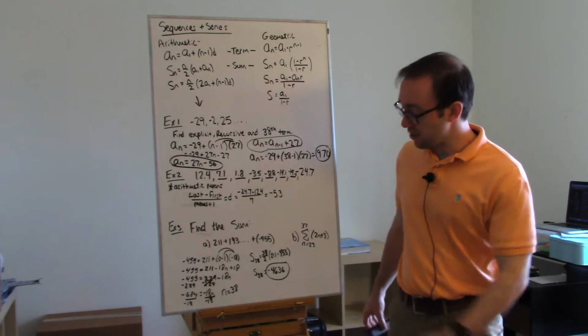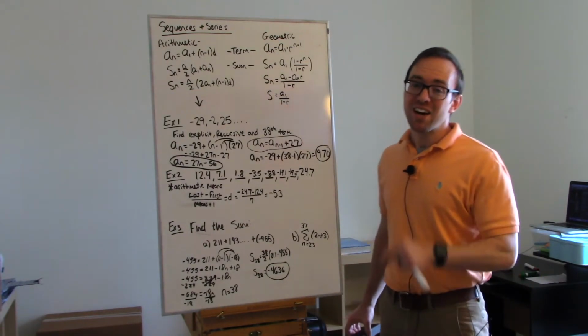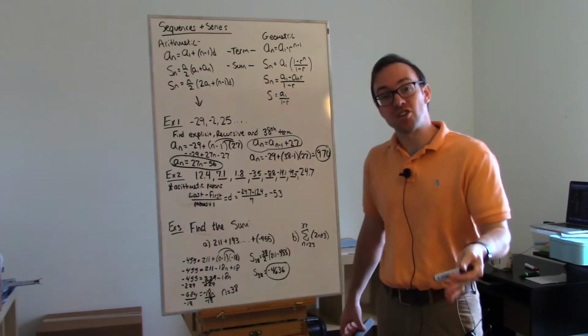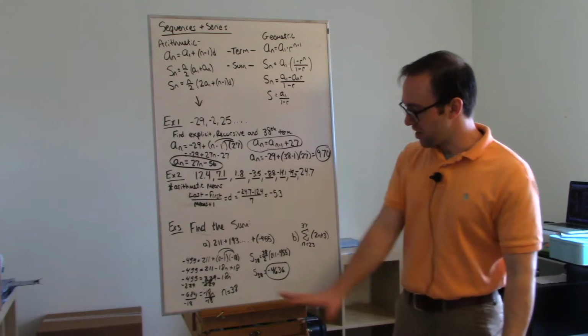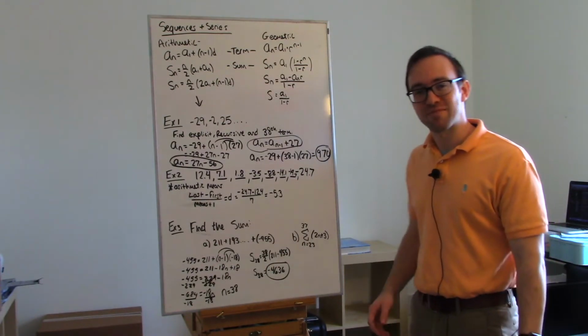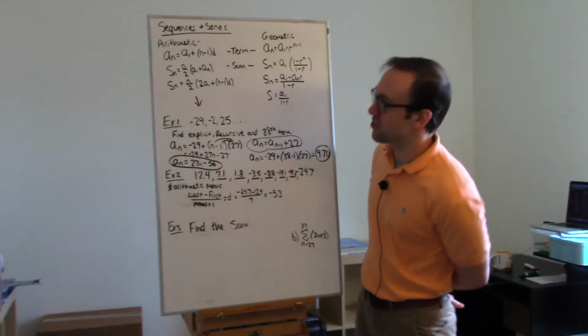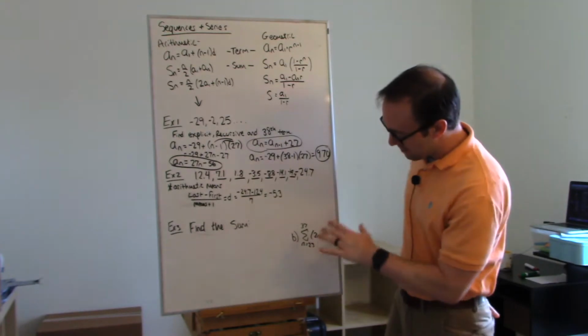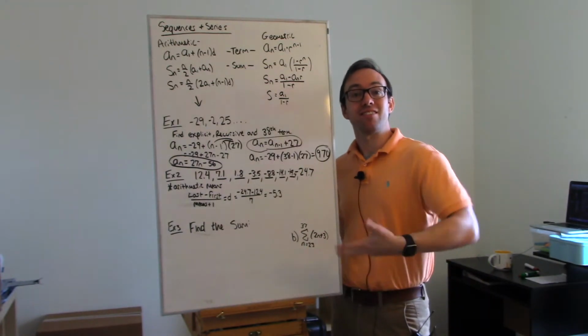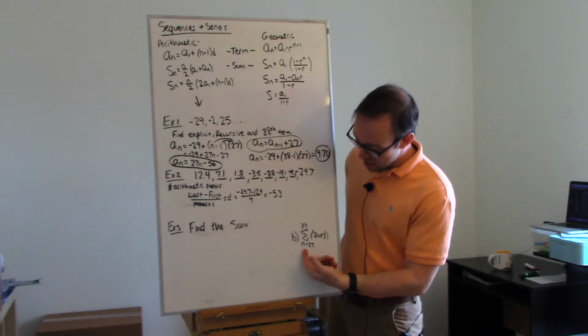I'll give you a moment to write that down, and we're going to move on to part B of the last example, which is finding the sum dealing with a summation symbol. I'm going to erase the part A piece so we have a little bit more room. Part B, dealing with the summation symbol here. I'm going to explain what this means in sequence terms.